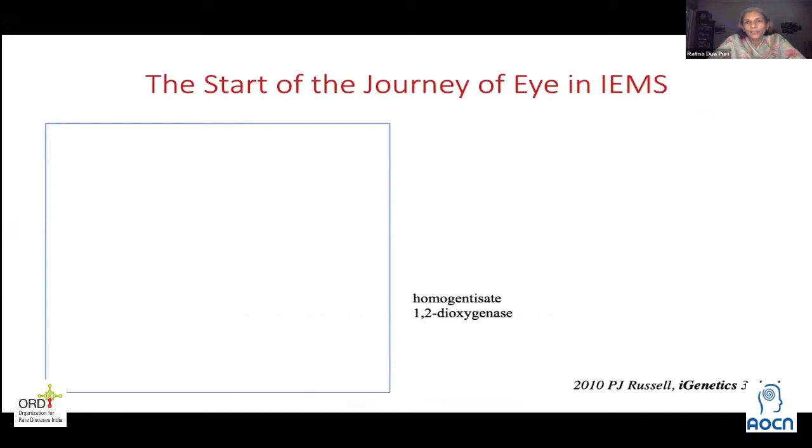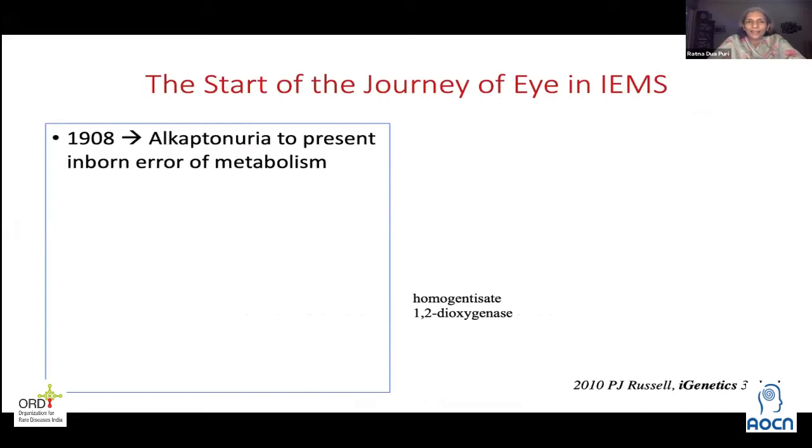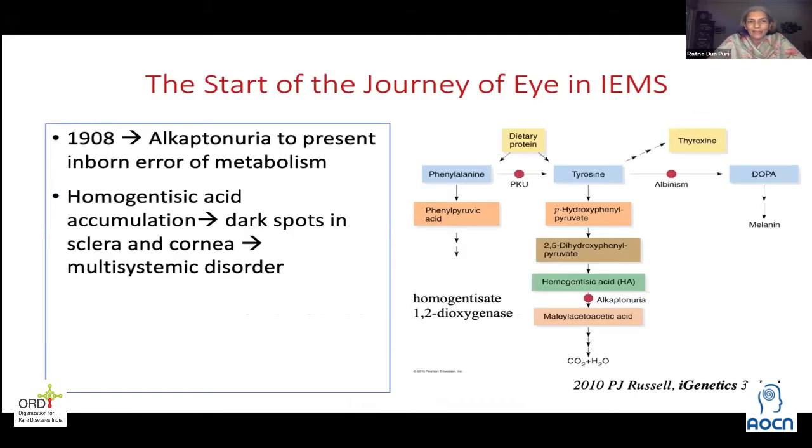So the start of the journey of the eye in IEMs was really way back in 1908, where Sir Archibald Garrod used alkaptonuria to present his theory about IEMs. Nothing was known about that. He was actually a biochemist, and he was fascinated by urine.